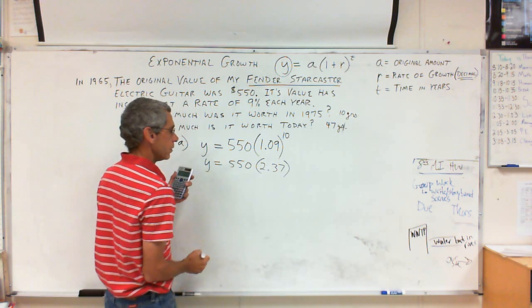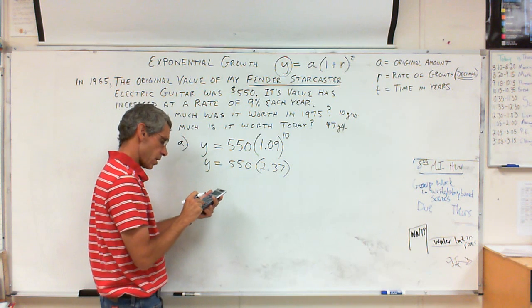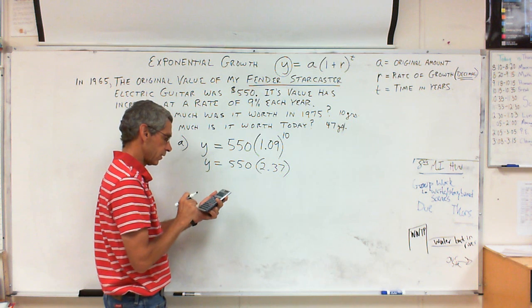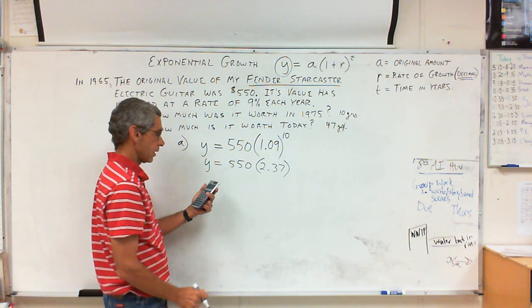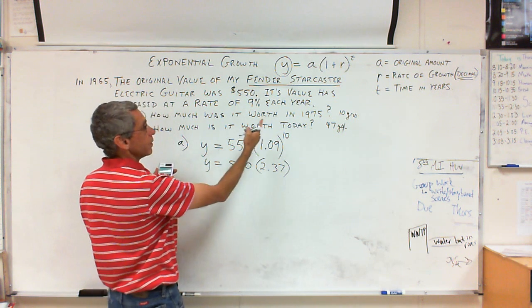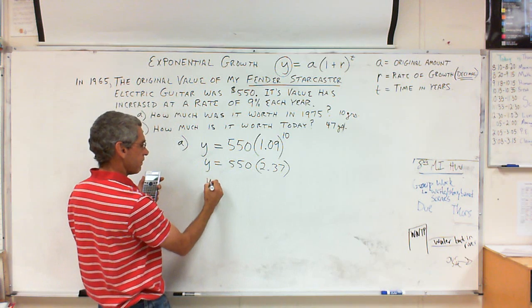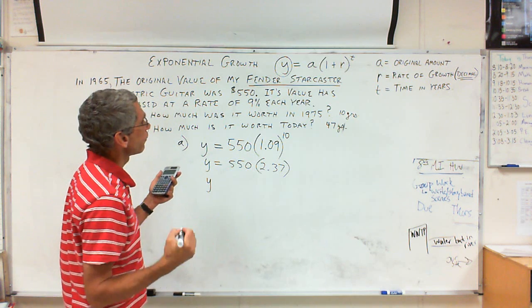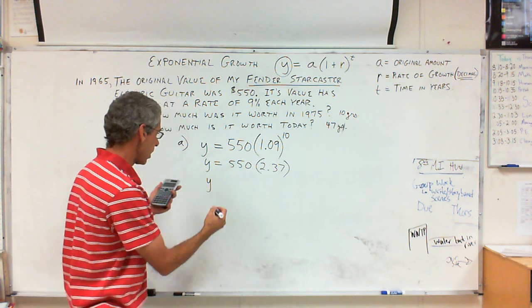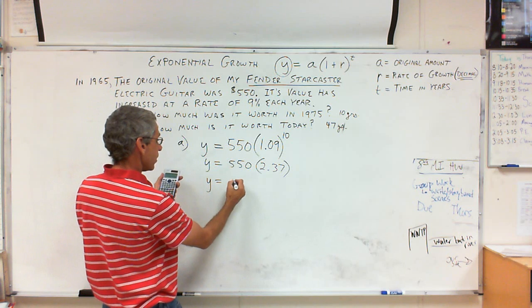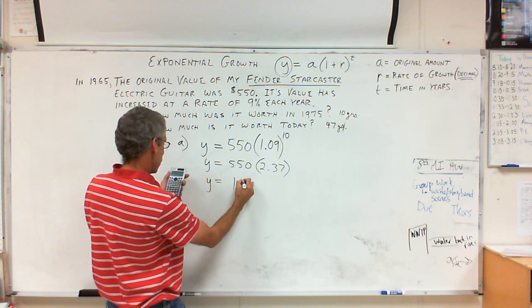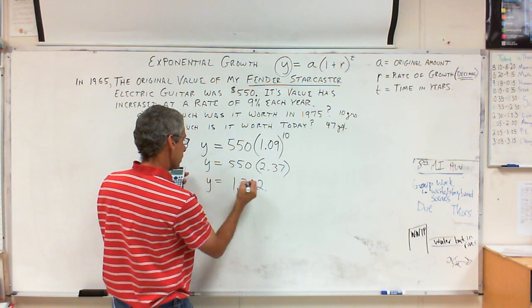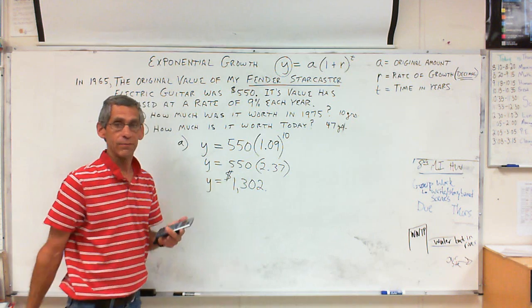Times 550, and here's my value. In 1975, the value of my fantastic Fender Starcaster electric guitar was $1,302. That's amazing, right?